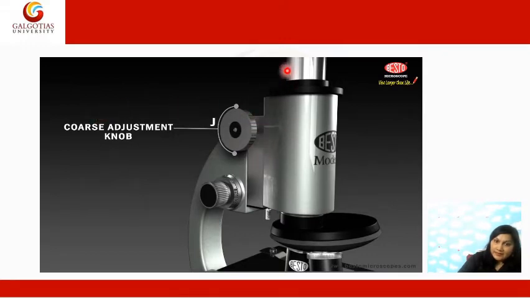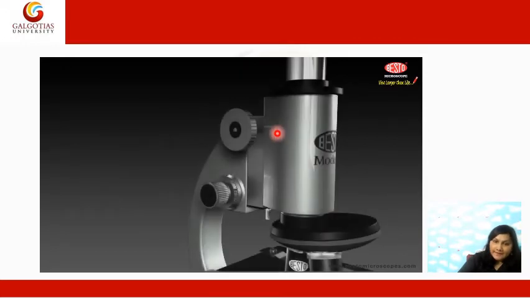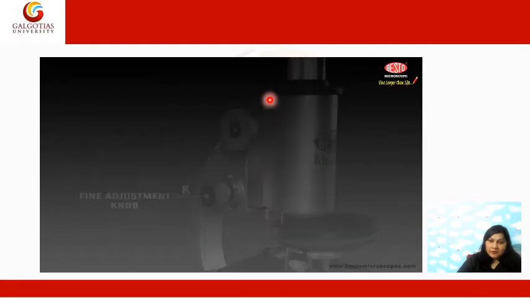I will explain the use of the different knobs in this lecture only. This is the fine adjustment knob. These two knobs are used to get a clear image, by adjusting the distance of the objective lens from the object.